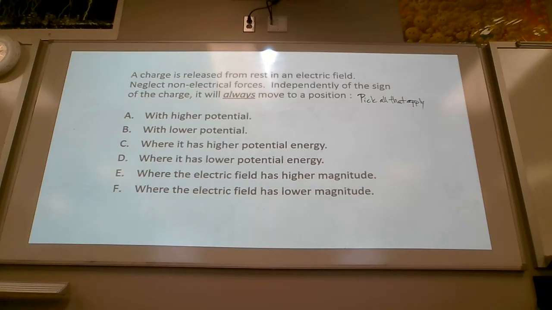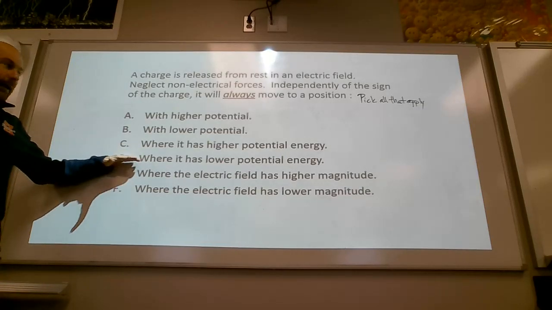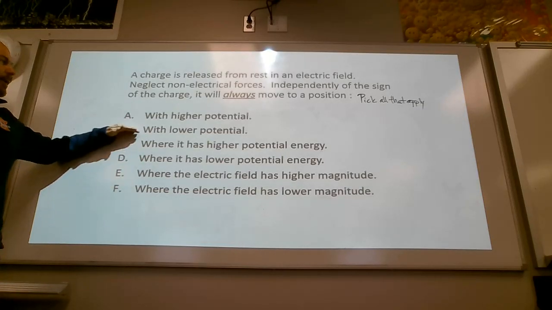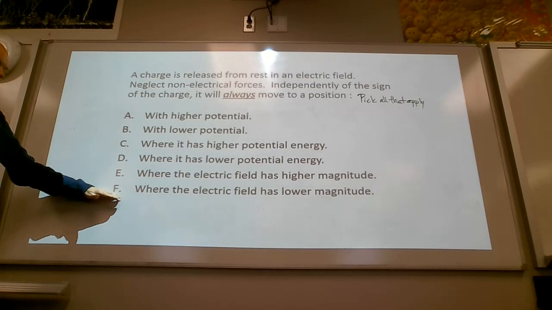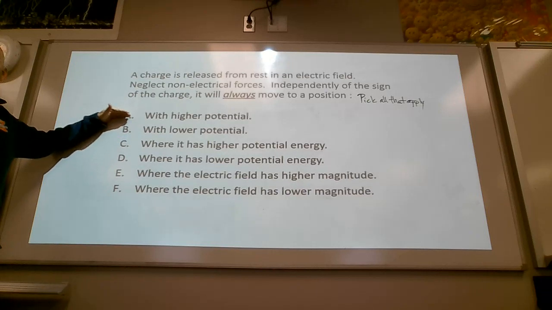Okay, what do you say? Correct answer is D, dangerous dinosaurs. Positive things will always go to a lower electric potential. Negative things go to a higher electric potential.